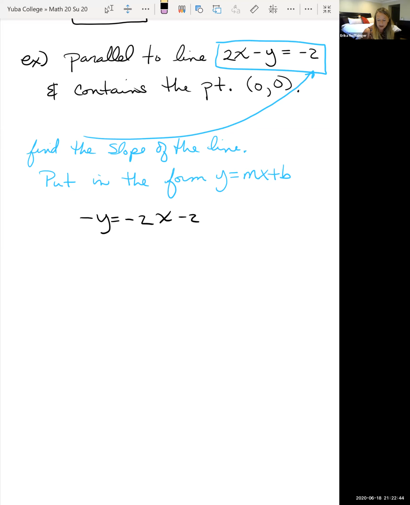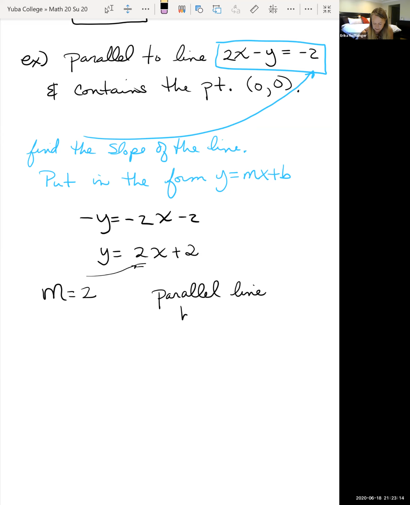We want positive y, so multiply through by -1 on each side. We get y equals positive 2x plus 2. So this is in the form y equals mx plus b, and our slope is 2. And so for our parallel line, the slope is also 2. They're equal.